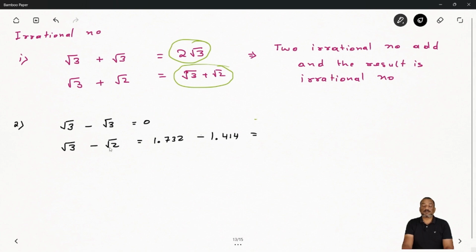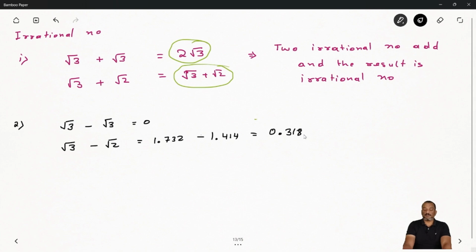So their difference, you will get 0.318.